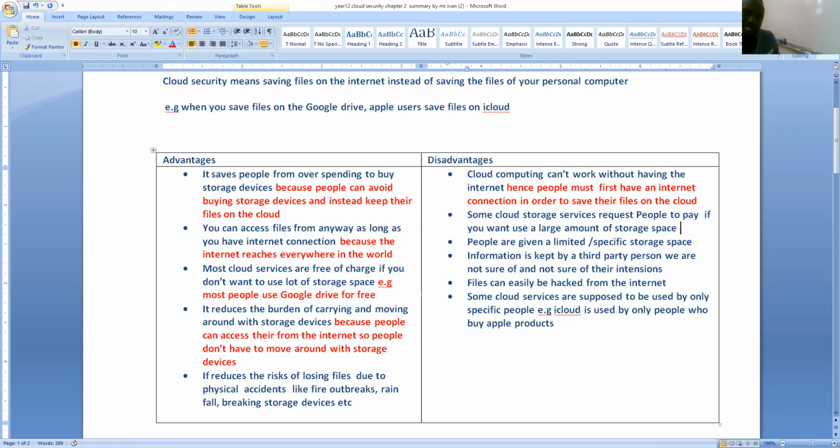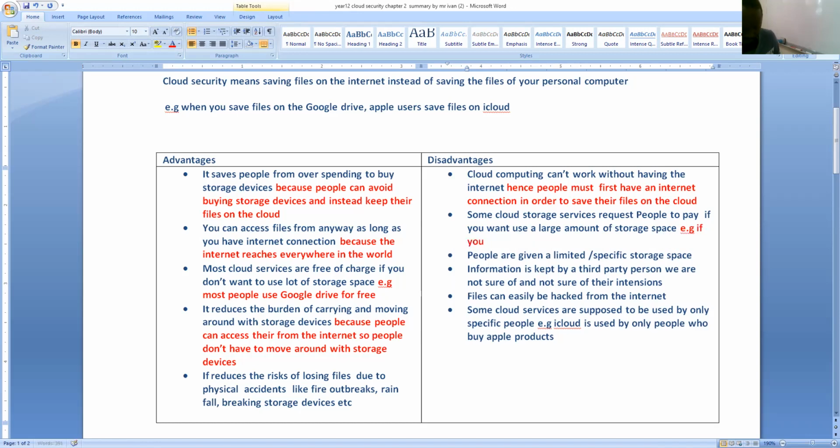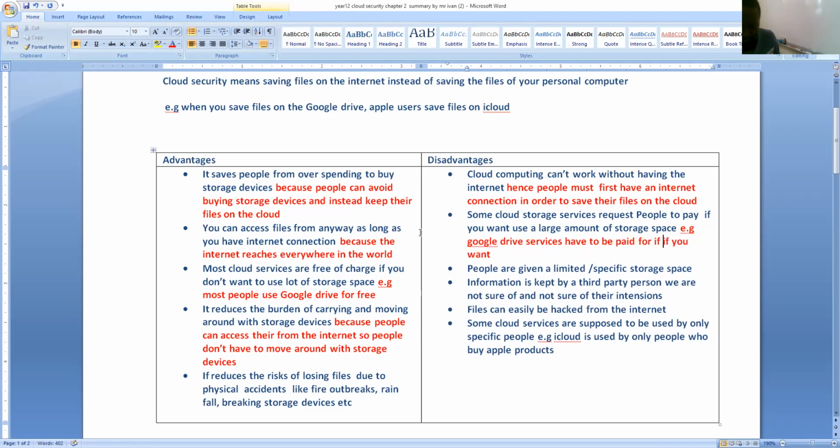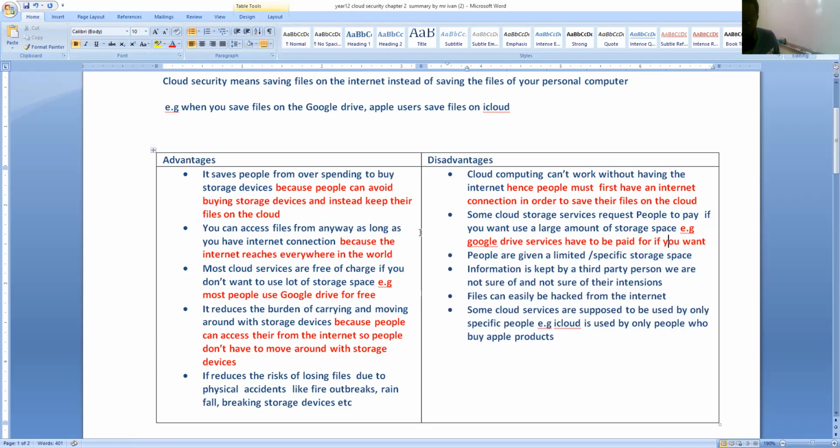An example can be, e.g., Google Drive space.